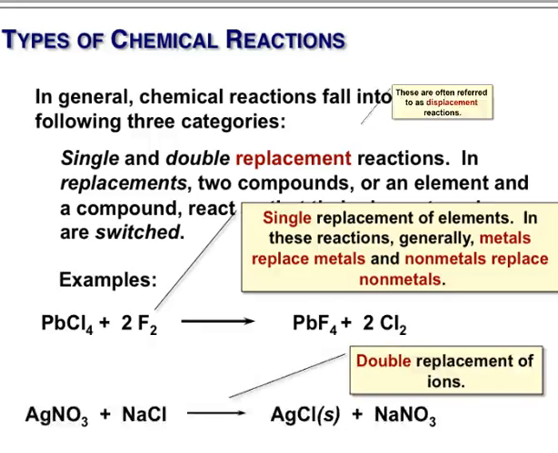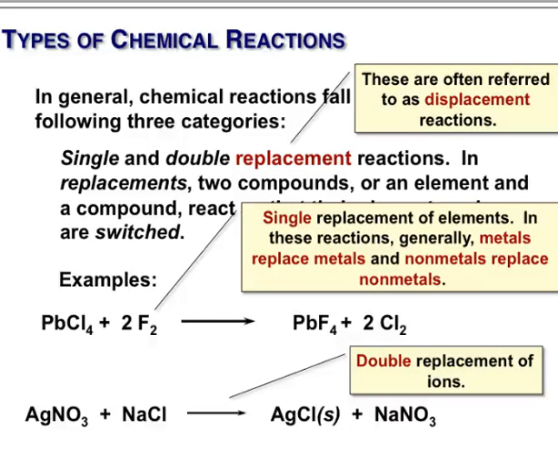As I said, this is a double replacement reaction. Double replacement of ions. If you think about this, this is silver nitrate. In solution, this will form silver and nitrate ions. This will react with a solution of sodium chloride, sodium and chloride ions.